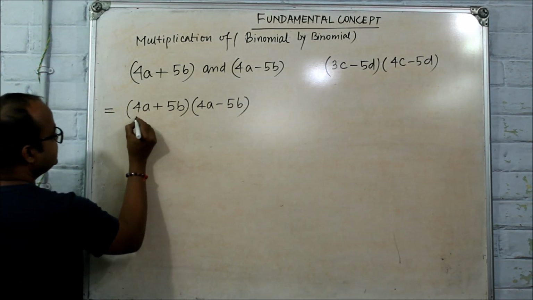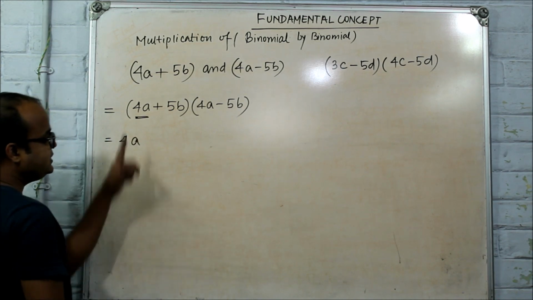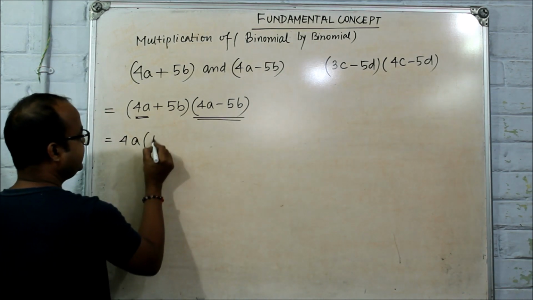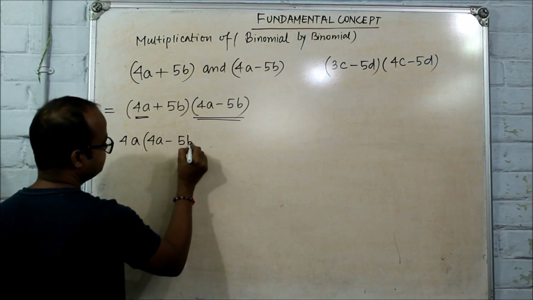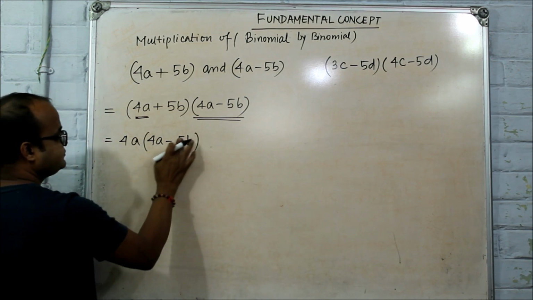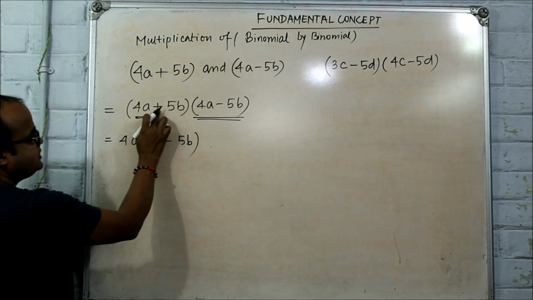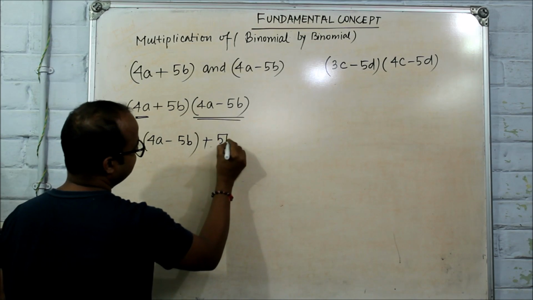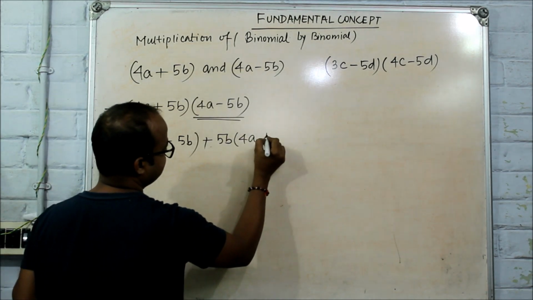Now take the first term 4a. Now you need to multiply this 4a with this entire term, that is 4a multiplied by 4a minus 5b. Then in between sign is plus, so we write plus 5b multiplied with the entire term, that is 4a minus 5b.